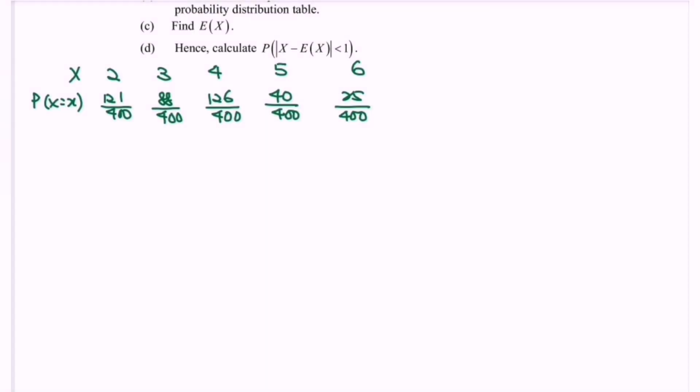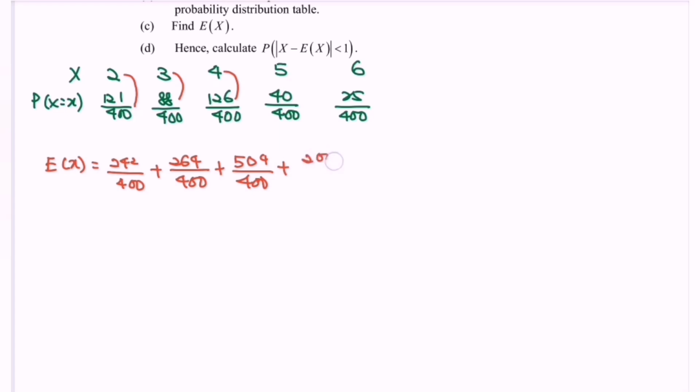Next, kindly refer to the situation C. We have the E(X). In order to find the E(X), what we have to do is multiply the X and the probability. So here we will have 242 over 400, plus, if we multiply the situation, we will have 264 over 400, plus, if we multiply, we have 504 over 400, plus 200 over 400, plus 150 over 400.